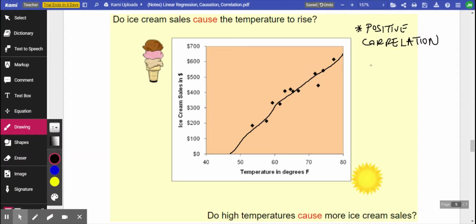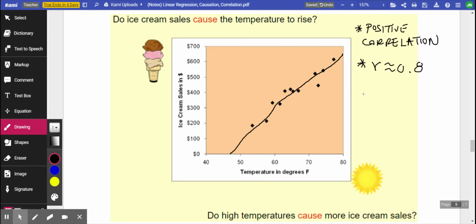If I were to guess the R value for this, I would say about 0.8 because the numbers are pretty close to each other. They're not perfectly on the line, but I would say it's a pretty strong positive correlation.